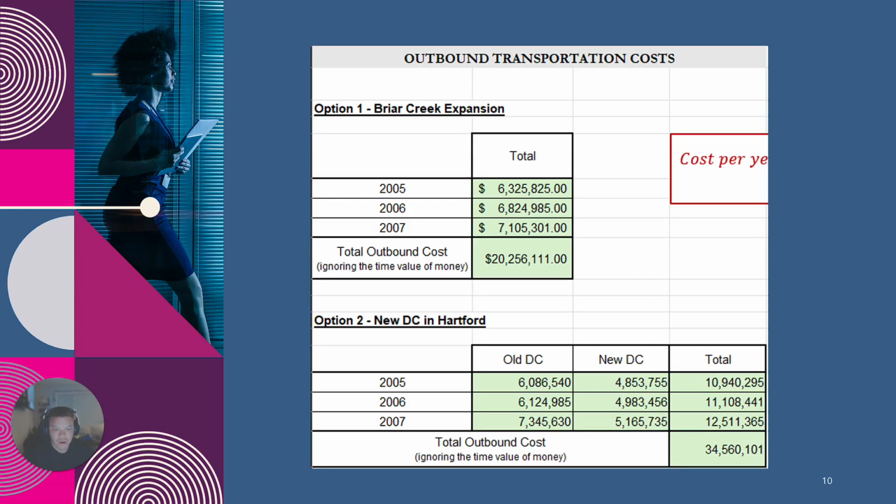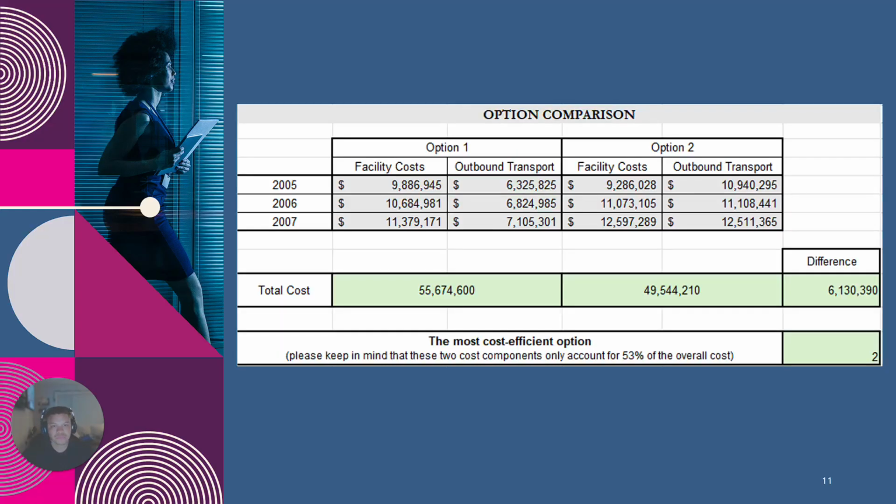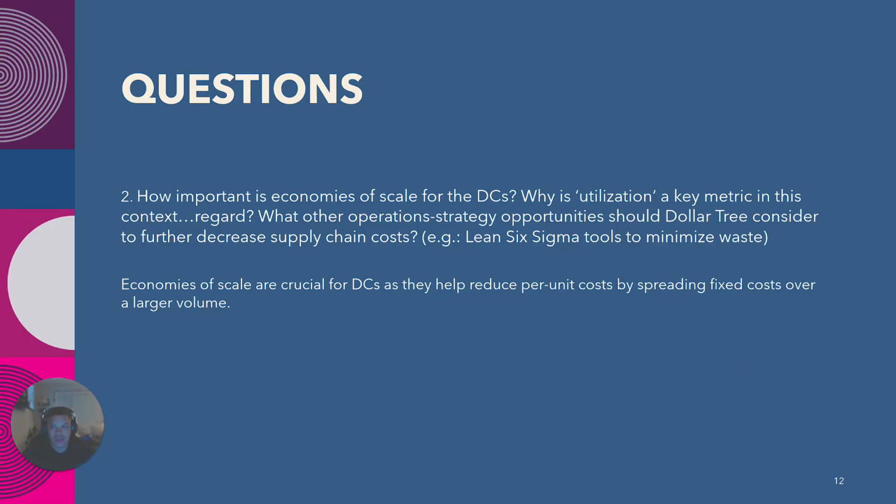You can see that Hartford is also more expensive in this case for the outbound. And for the actual comparison of options, we get a lower cost for option 2, the difference being 6.1 million. So the most cost efficient option would be number 2, to answer that specific question.